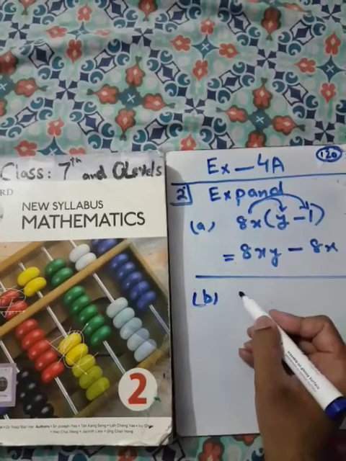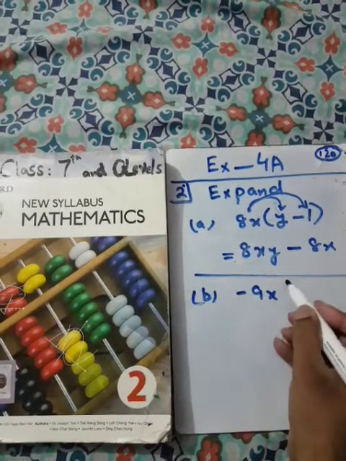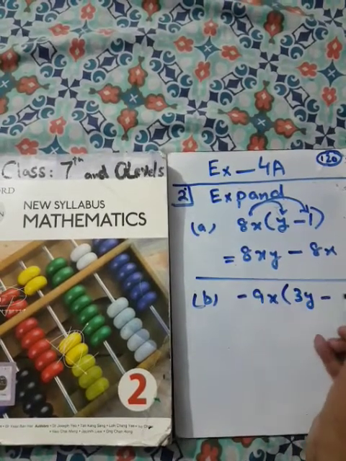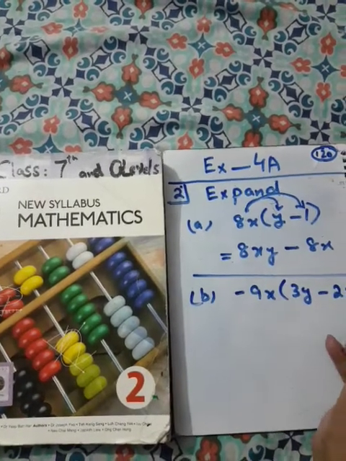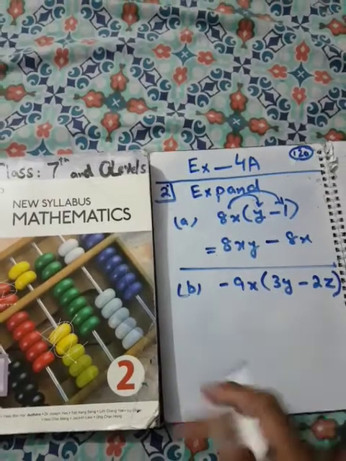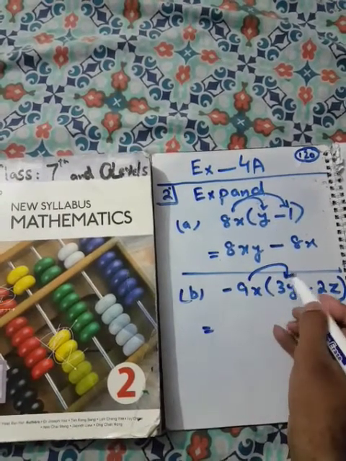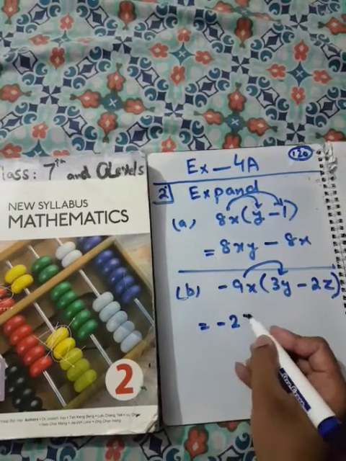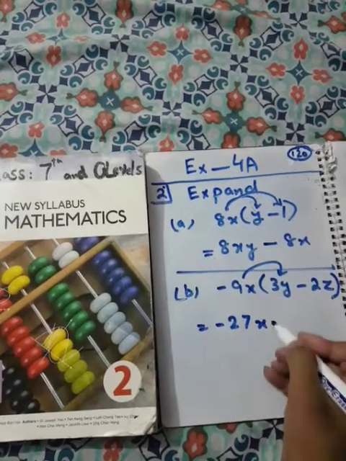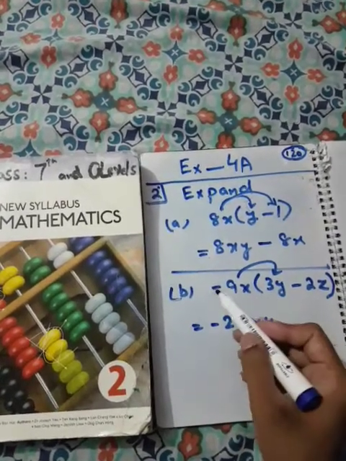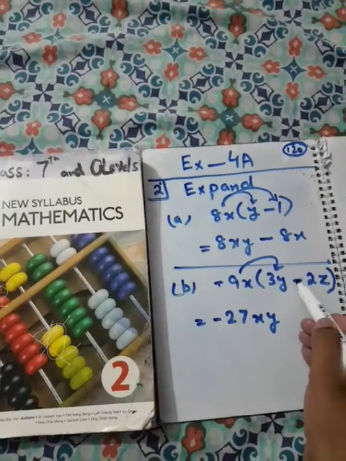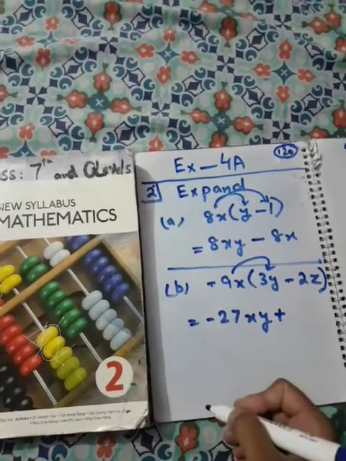The B part is minus 9x into 3y minus 2z. Have you written the question with me? Minus 9x will be multiplied with the 3. 9 times 3 will be 27, x and y. Because of this minus sign, this minus will turn into positive.